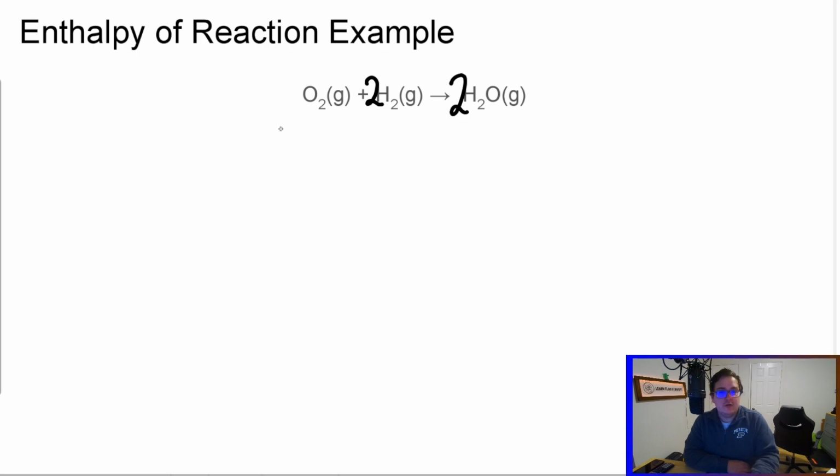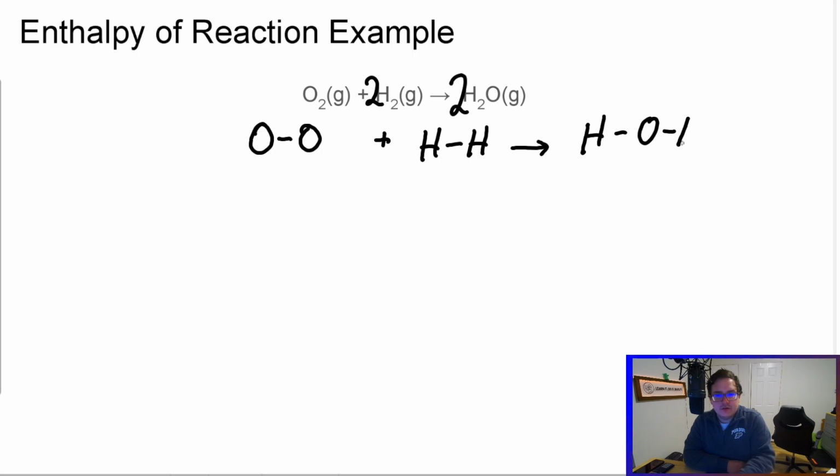Now let's draw the chemical molecules. Oxygen bonded to oxygen plus hydrogen bonded to hydrogen yields, or gives you, HOH.